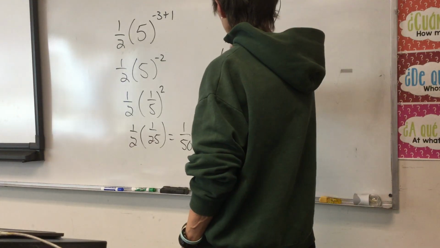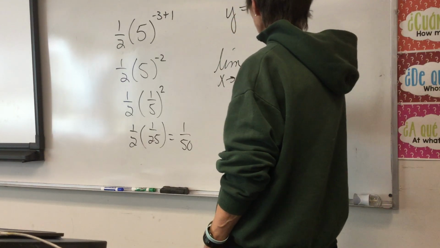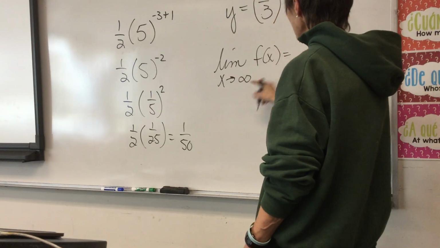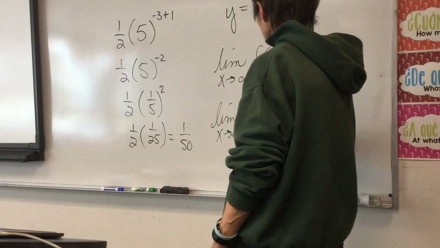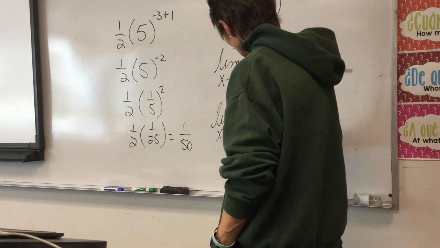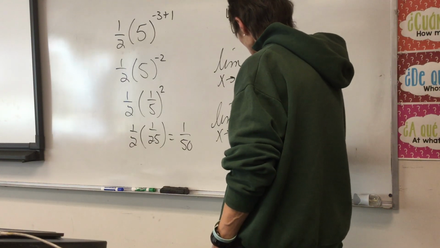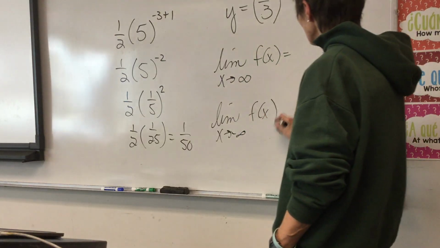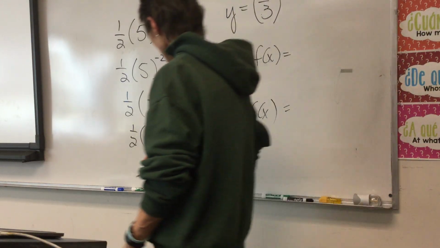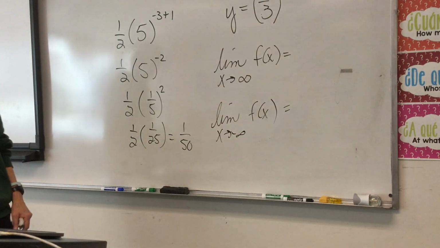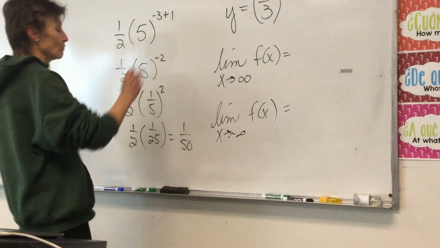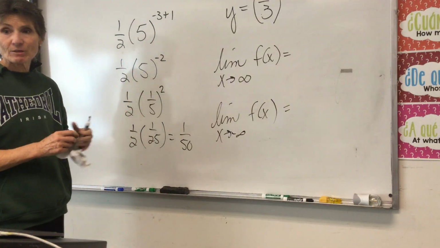End behavior is the limit as we approach positive infinity, that is going right, and as we go left. So the first thing we need to do is get a visual of what this curve would look like if I graphed it.